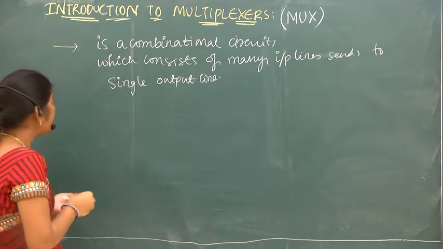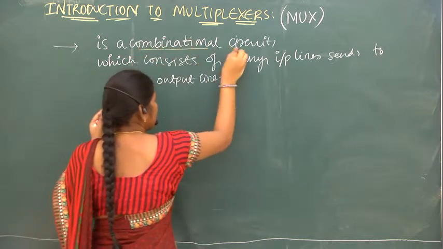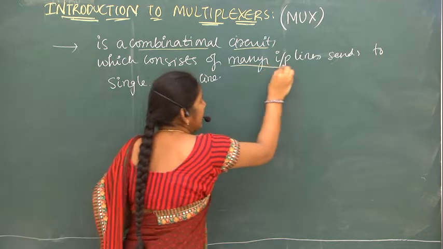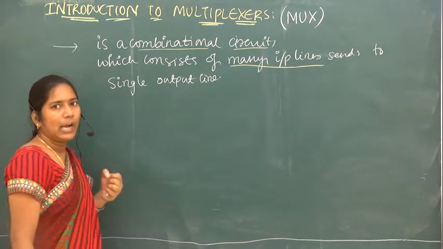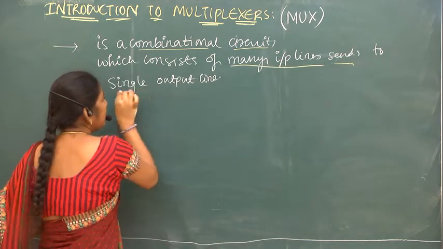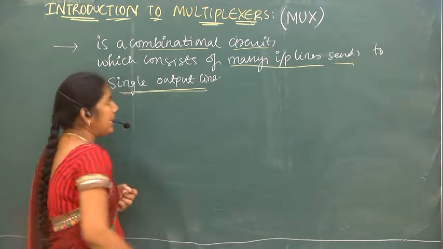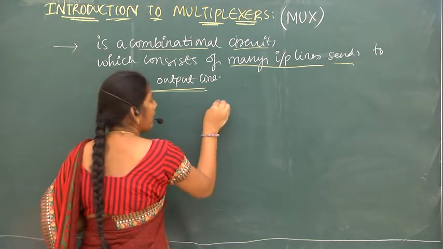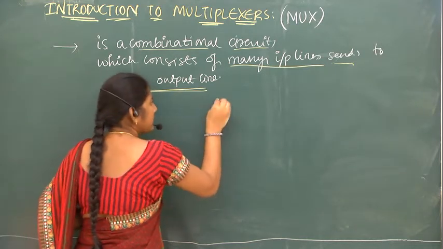Here the definition is what? It is a combinational circuit, right? Then it is having many input lines, and out of all lines it will send only a single output line.